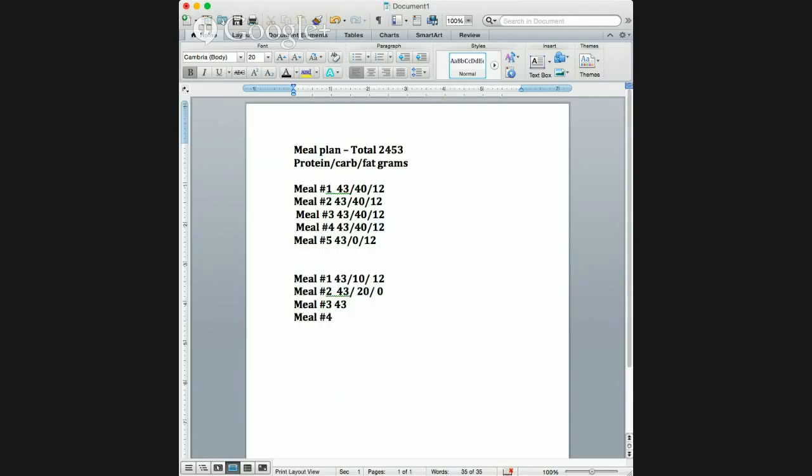So my 3rd and my 4th meal, which is going to add 21.5 grams each. That's going to bring me from 43 grams on my 3rd and 4th meal up to 64.5 grams. Okay, so all we're doing is redirecting some of our calories.